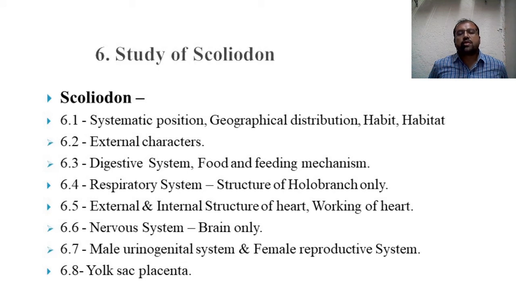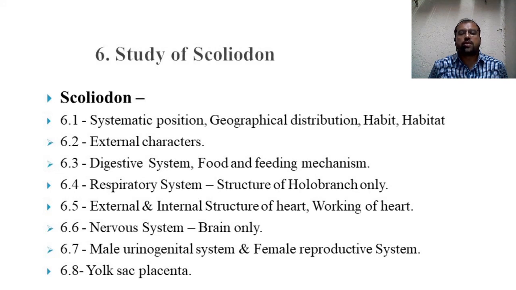Then the fifth subtopic is external and internal structure of heart and working of heart of Scoliodon. Then this is about the circulatory system. Then the sixth subtopic is nervous system of Scoliodon, and in the nervous system only we will have to study the brain of Scoliodon.